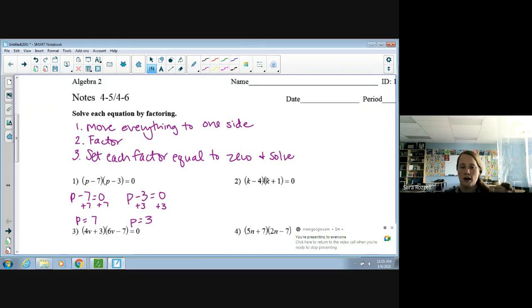So when you think you got it, go ahead and show me your answer when you've worked out both of those equations. All right, so hold up your paper when you think you got it.